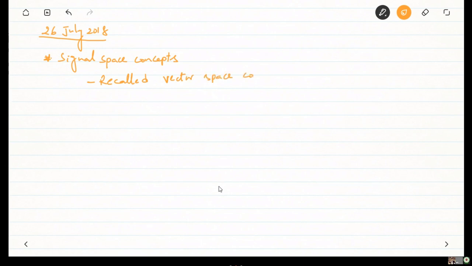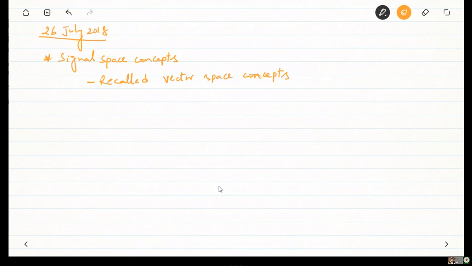Vector space concepts like the norm of a vector, and what are mainly the basis vectors. What is an n-dimensional vector? What are the basis vectors? When do we call two vectors orthogonal? The set of linearly independent vectors. And then we wanted to define similar things for signals as well.